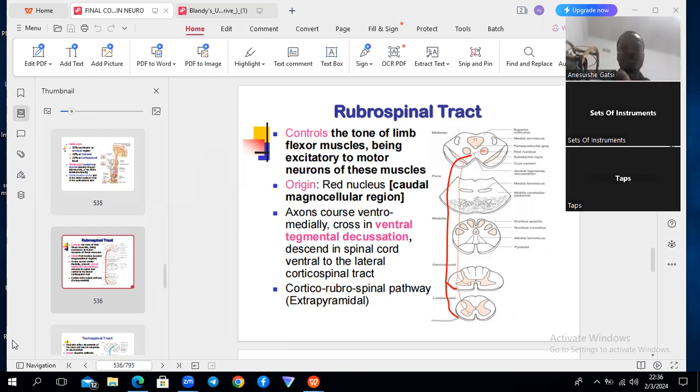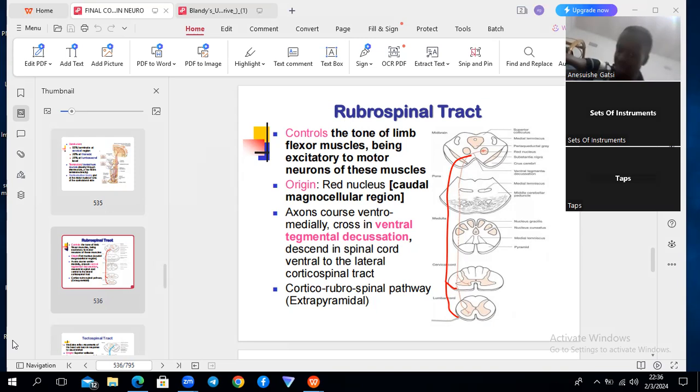It's explained by this pathway and the level of injury. So one of the injuries is just above, well, I'm already telling you, but one of the injuries is just above the red nucleus. The other one is just below the red nucleus. So usually in the central nervous system, when you get an injury, you lose everything below the injury. So just look up this concept of decorticate versus decerebrate and you tell me, right?